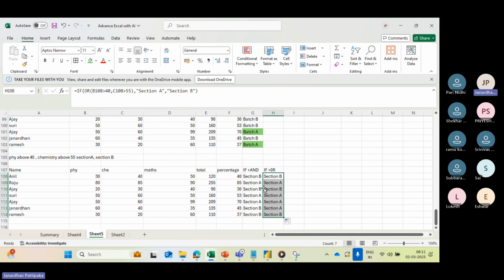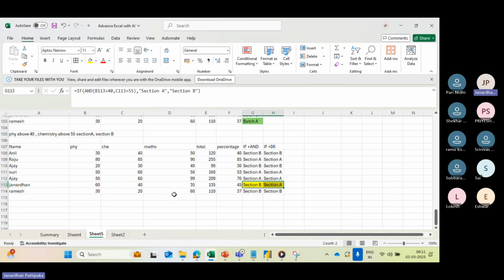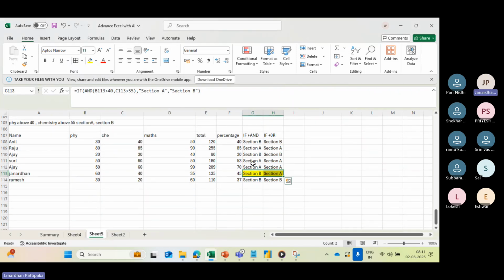See here: section B, section A, section B, section A, section A. But here the results are different. See, for the section B and section B here, you will find that if you use the IF with AND concept, both conditions should be met.